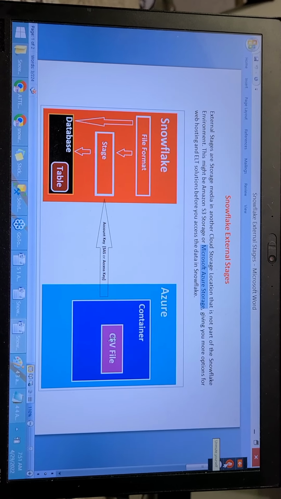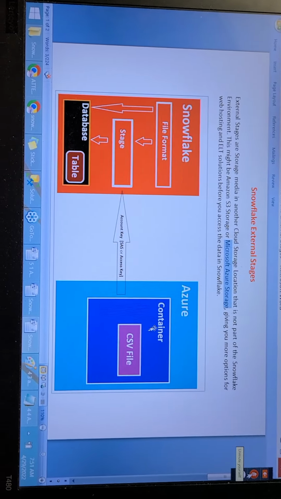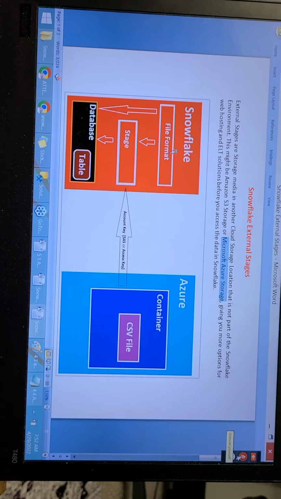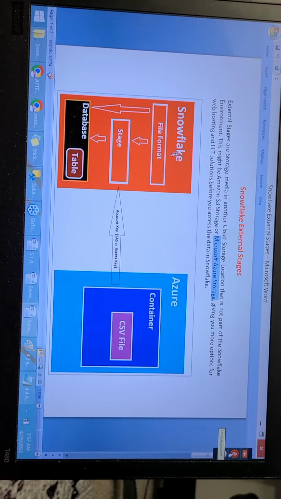We'll do something similar. The storage account can also be used by non-Azure cloud providers, like Snowflake.